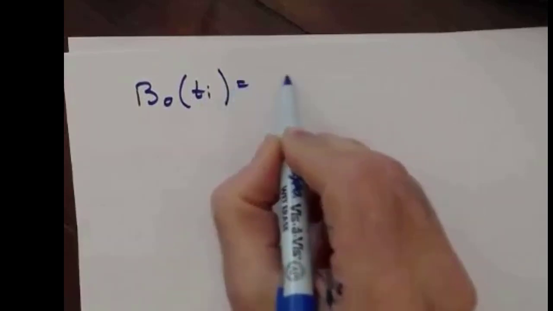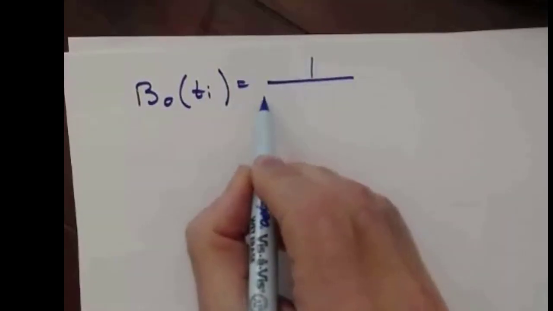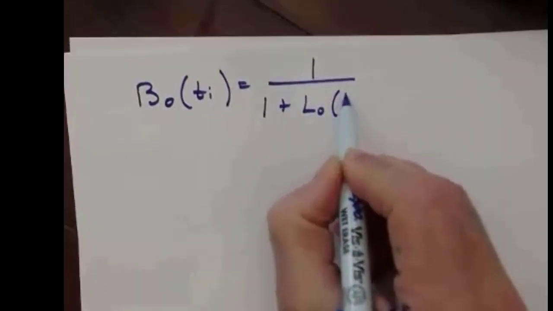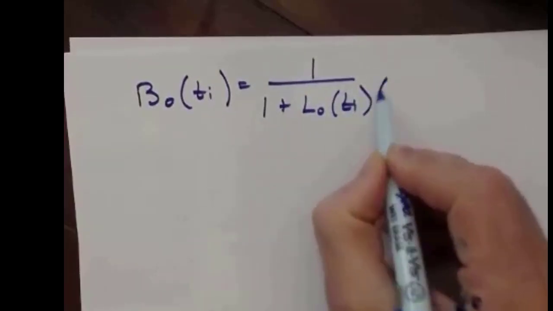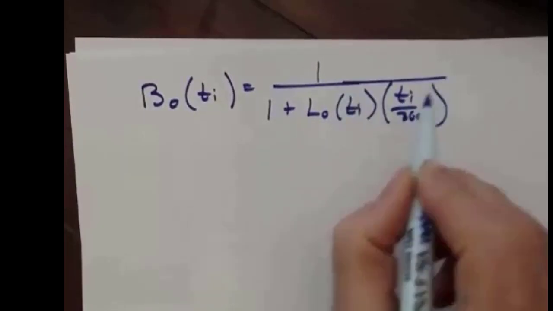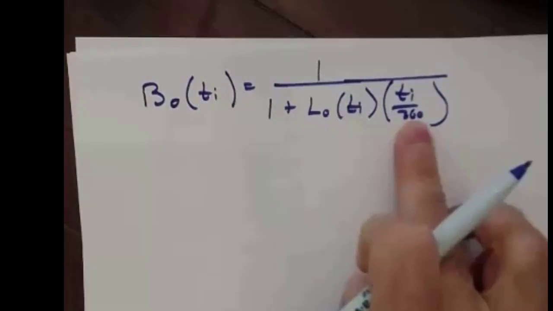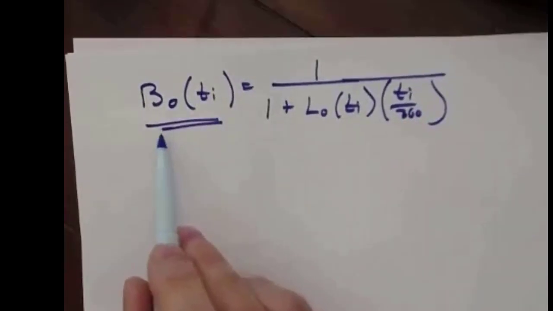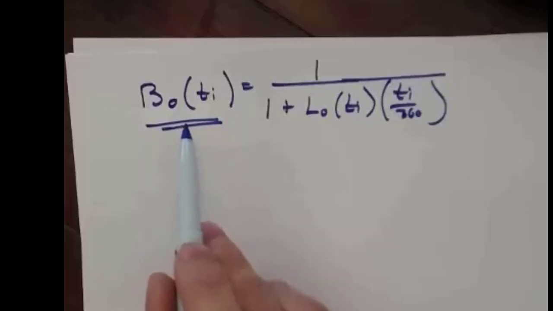These discount rates are going to be labeled B(0, Ti) equals 1 over 1 plus L0, that's the spot rate, Ti times Ti over 360 to adjust it for fractional periods of a year. Okay, so what the B stands for is this is the price of a discount bond. Okay, a discount bond, a $1 discount bond.